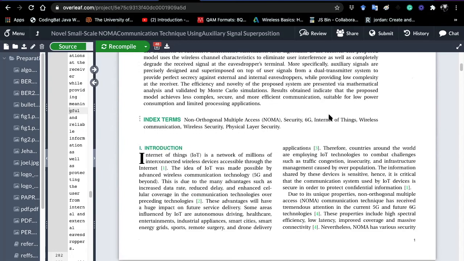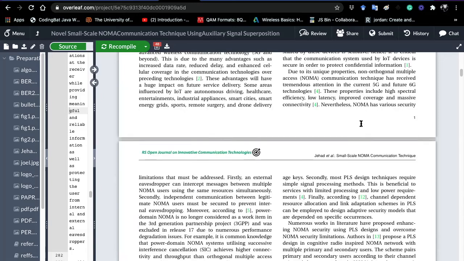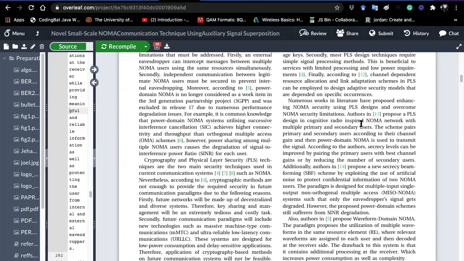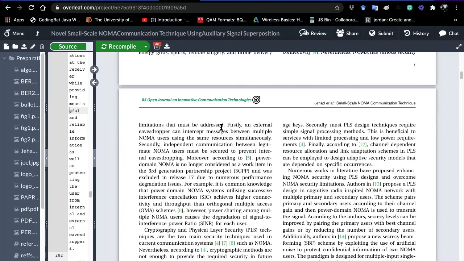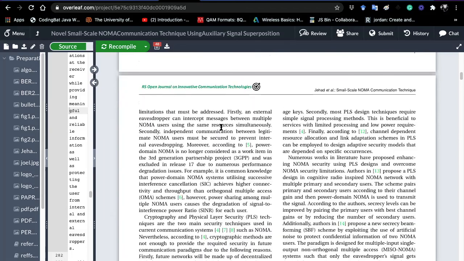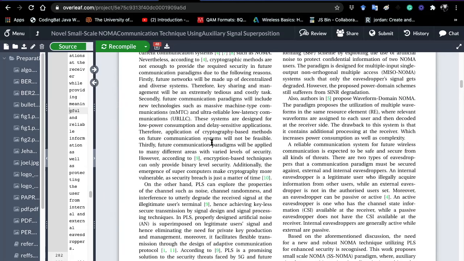For example, here I'm starting with the Internet of Things, which is a very broad topic. Then I continue, and due to its unique properties, I'm already talking about non-orthogonal multiple access. I started with the Internet of Things, I'm now in NOMA, and I'm trying to show the reader exactly what the gap is and what I'm trying to achieve.